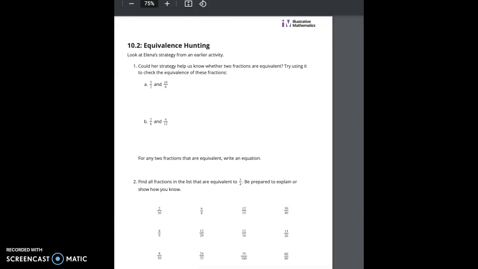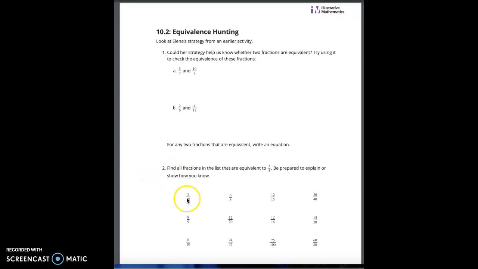There we go, finally. All right, so here are all these fractions. They want to know which fractions in this list are equivalent to 3/4. So there's a couple of different ways to go about it. The way that we did this in class is we took 3/4 and made as many equivalent fractions as we could.